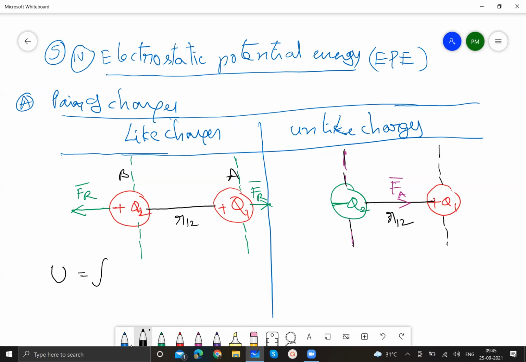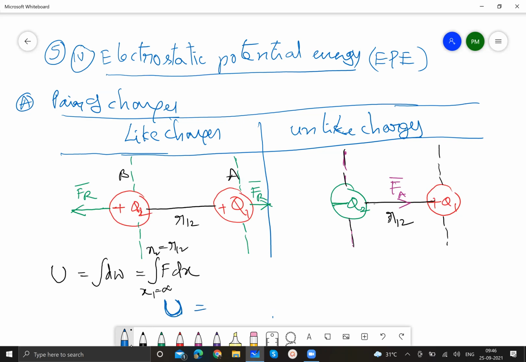So electrostatic potential energy is nothing but integral dW, that is integral F dx. Here, for example, x1 is equal to infinity and x2 is equal to r12. So I get the formula for electrostatic potential energy. Already we got the work done concept, same.